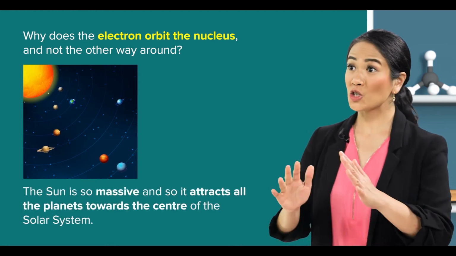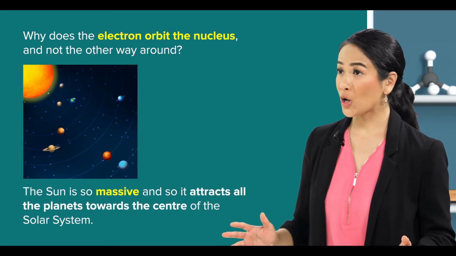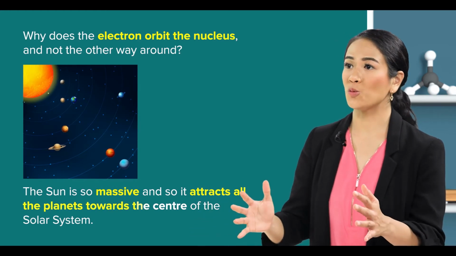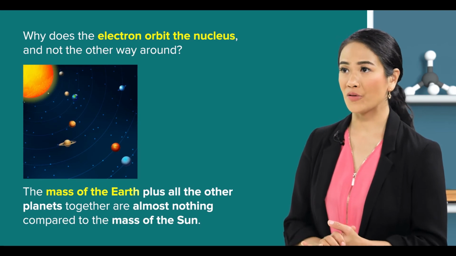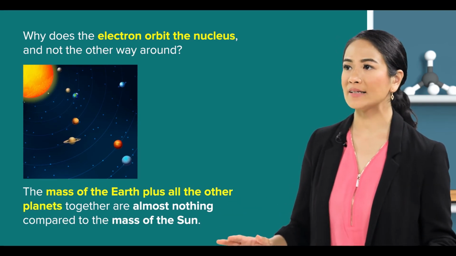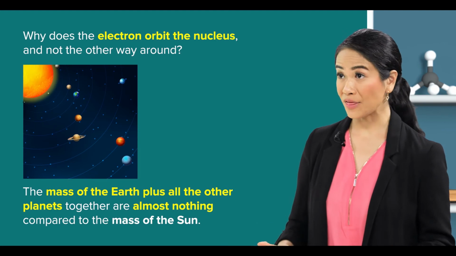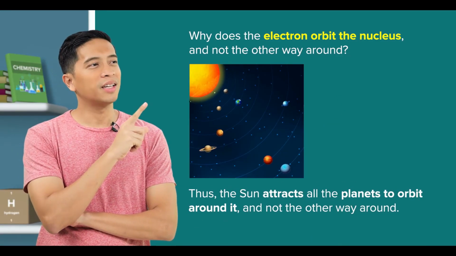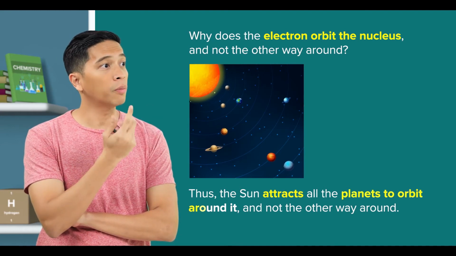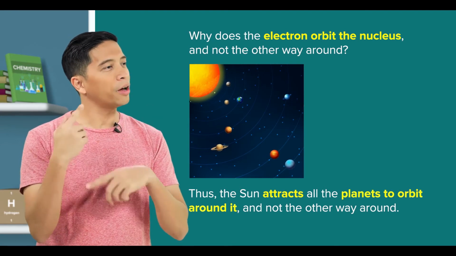The sun is so massive, and so it attracts all the planets toward the center of the solar system. The mass of the Earth plus all the other planets together are almost nothing compared to the mass of the sun. And that's why the sun attracts all the planets to orbit around it and not the other way around.